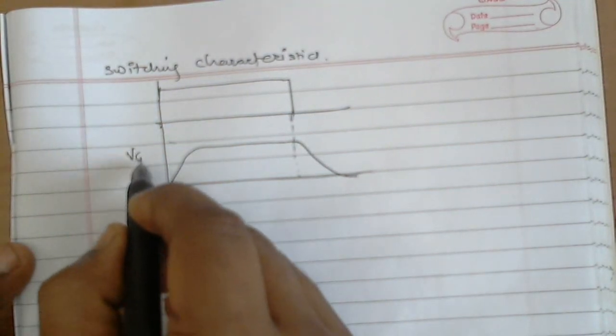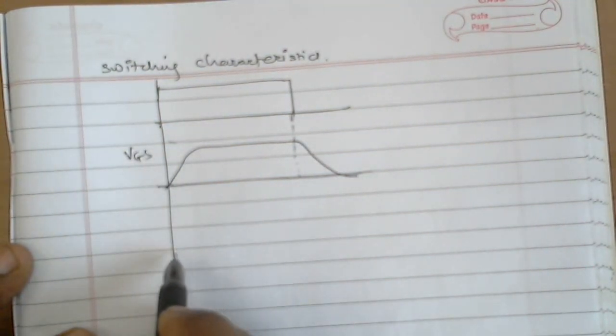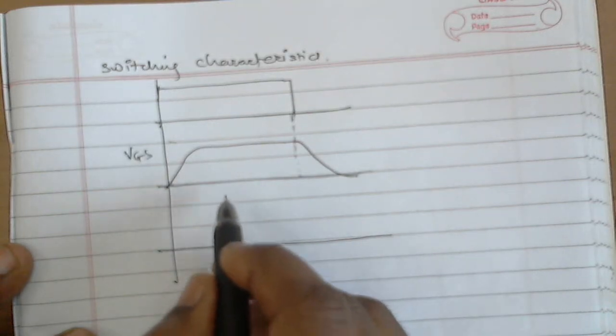This is VGS, the gate to source voltage, and this is how the current increases.